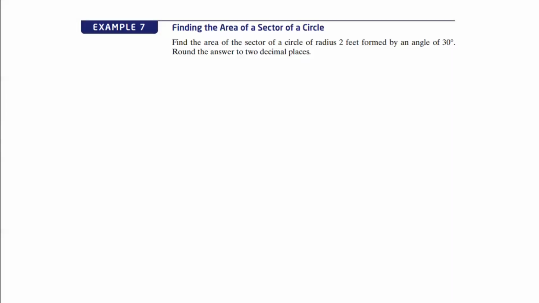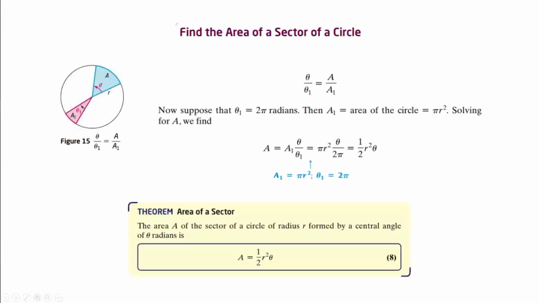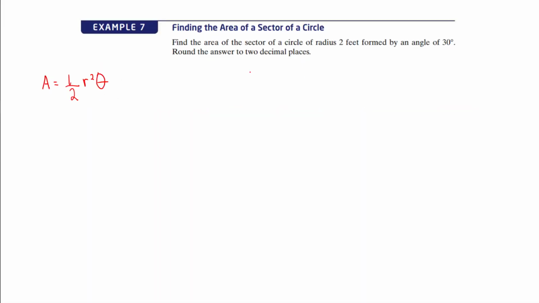All right, let's start with a situation where we're going to find the area. We want to remember that our area is equal to 1/2 r squared theta. Okay, we see this from the previous setup there. So let's find our parts here.